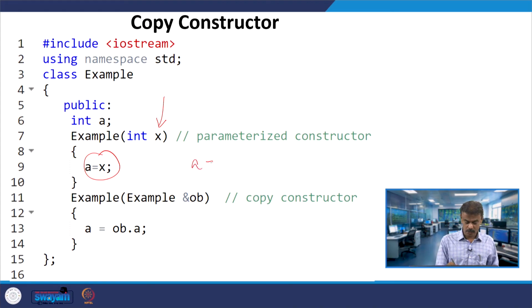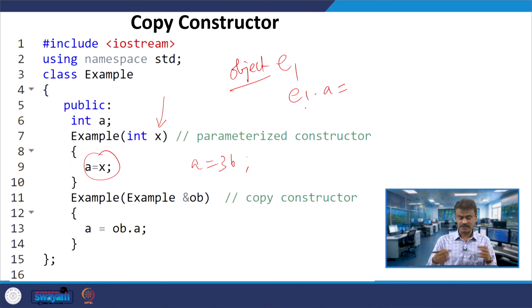So, a equal to 36 for the object E1. It is nothing but E1 dot a, suppose I am accessing this from outside, E1 dot a is 36.